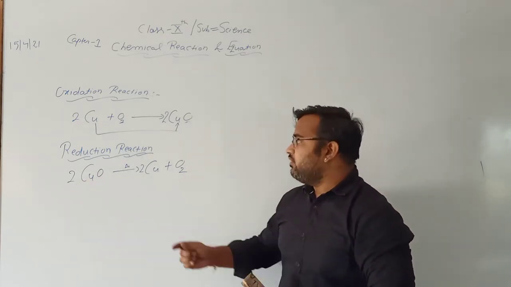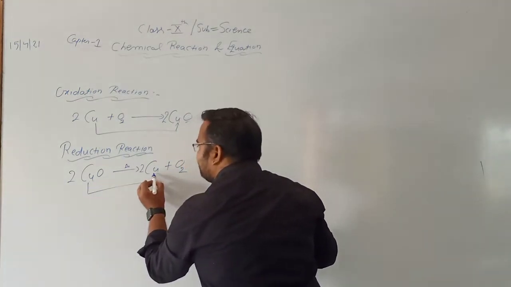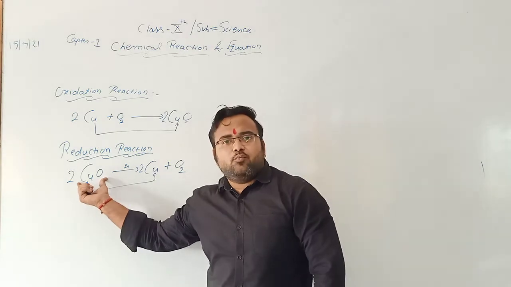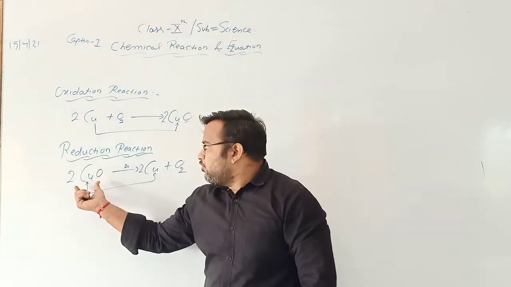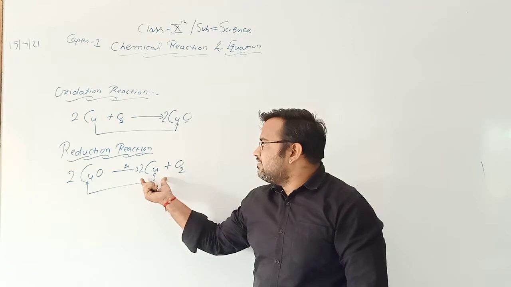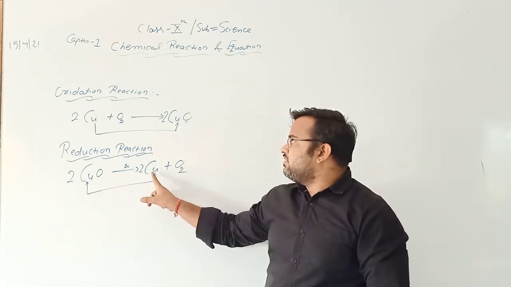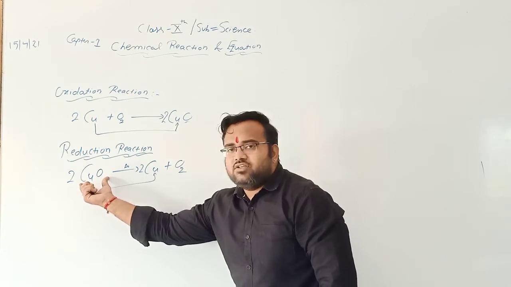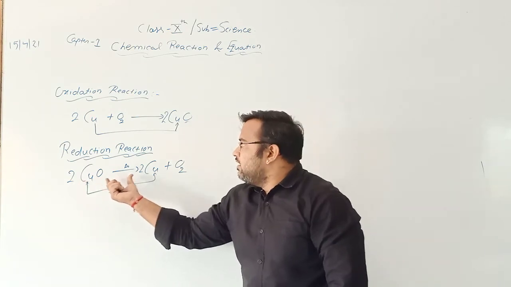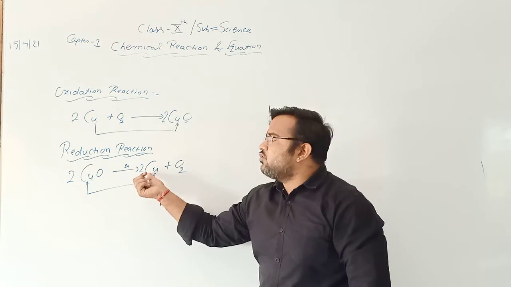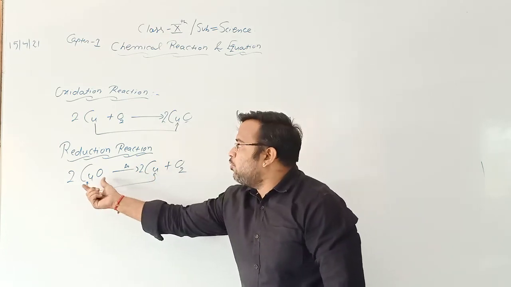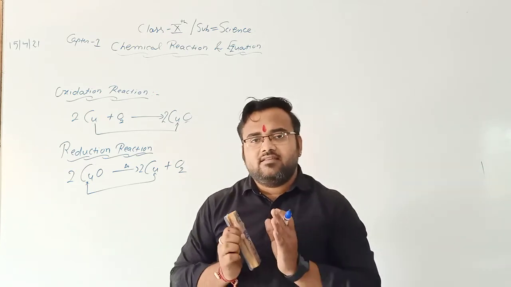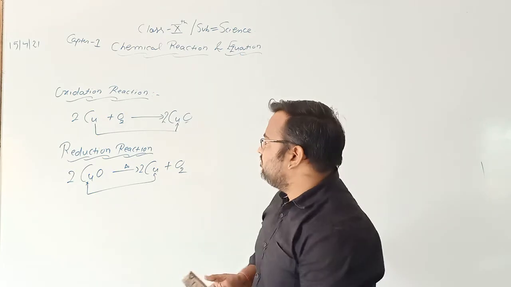From here to here, in the molecular formula of copper oxide, CuO, from reactant side to product side, we can see copper has lost oxygen. In the reactant, copper is combined with oxygen, copper oxide. In the product side, it is only copper in its elemental state. That means copper has lost the oxygen, and this reaction is known as reduction reaction.